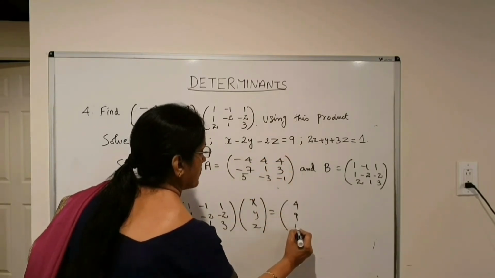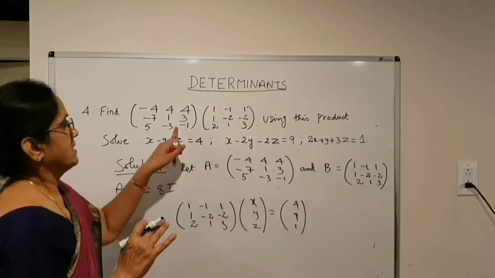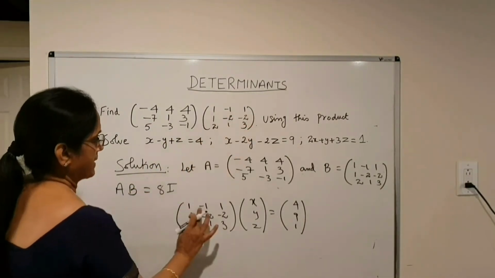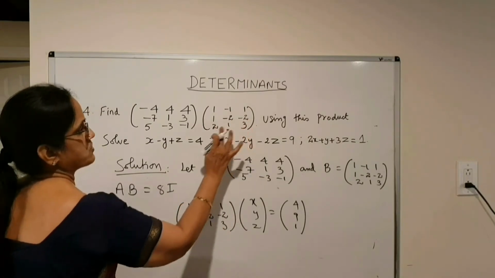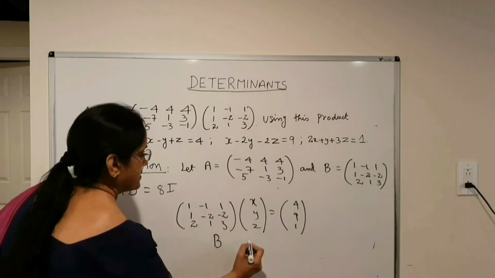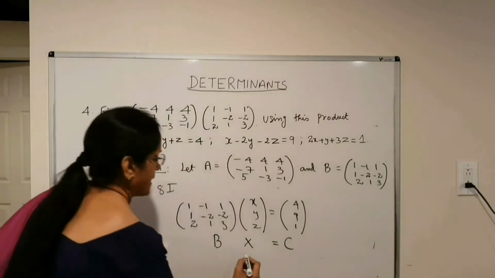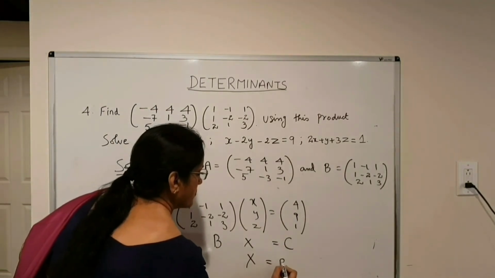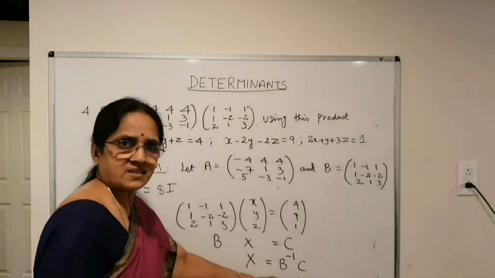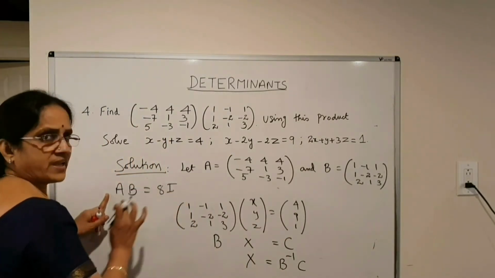Now I need to compare that matrix with A and B. If I compare, what do I get? [1, -1, 1; 1, -2, -2; 2, 1, 3]. That means this matrix is B. This is BX equal to some C, which implies X is equal to B inverse C. Now, I know already the product AB is equal to 8I.